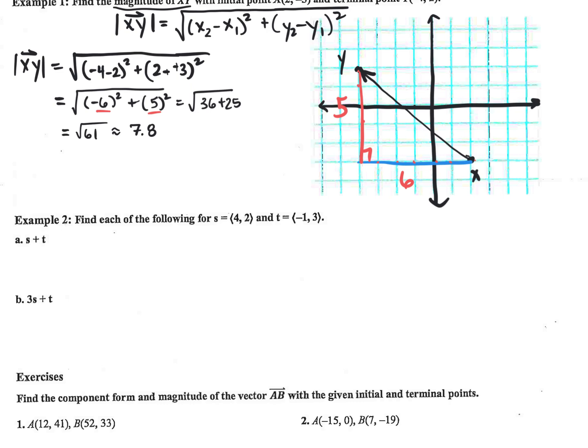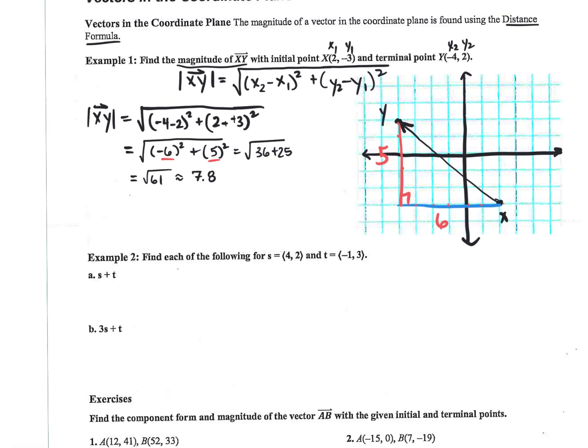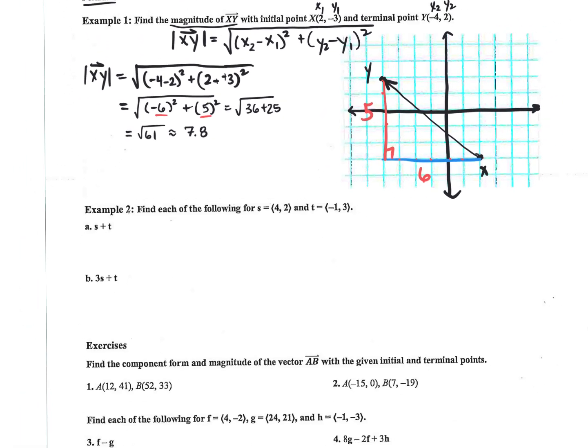Now, how do we represent this guy as an ordered pair? How do we represent xy as an ordered pair if we wanted to do it in standard form? We would use these two things right here. The only difference is that I would have to go this direction. My x would have to have a direction, and then my y would have to have a direction, wouldn't it? So this is really negative 6. In other words, to go from x to y, I would have to go back 6 places and up 5, wouldn't I?